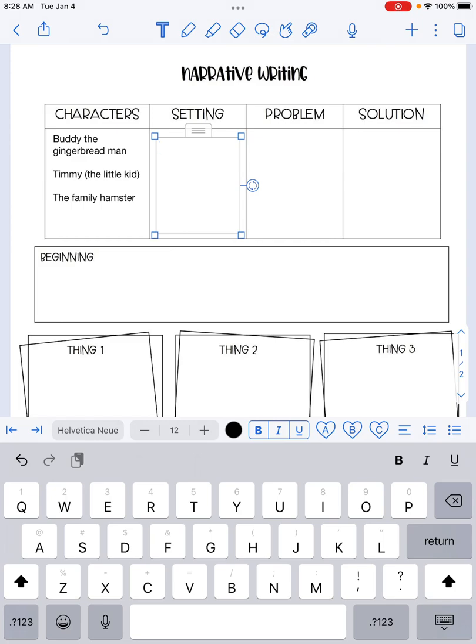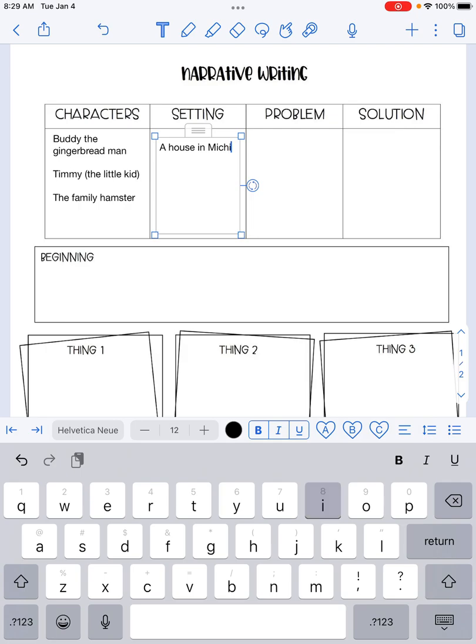So the setting is going to be the house or the apartment, either one. A house. And you might even include some more details. Maybe I say a house in Michigan, or maybe yours will be in Florida. So a house in Michigan.